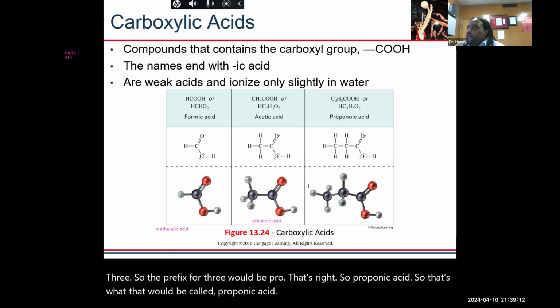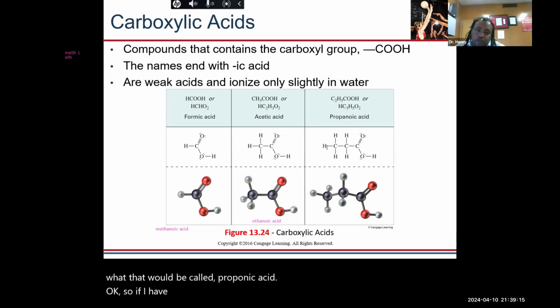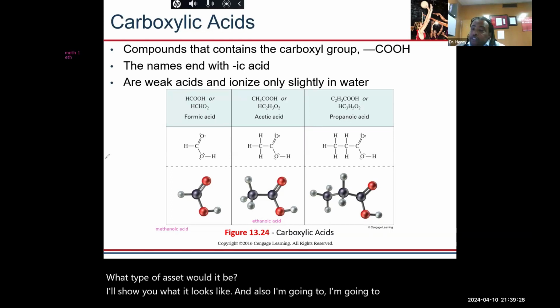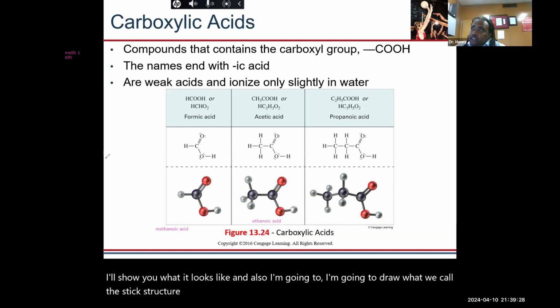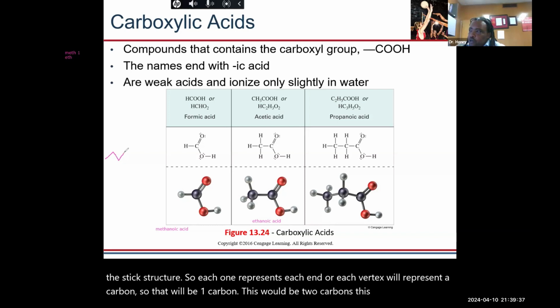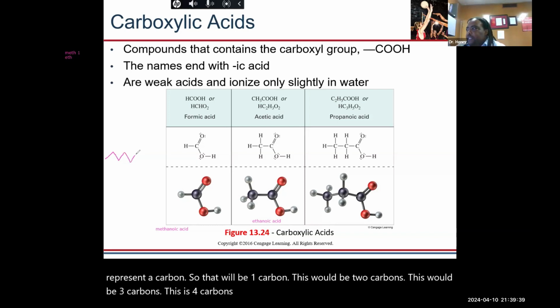So if I have eight carbons here, what type of acid would it be? I'll show you what it looks like. I'm also going to draw what we call the stick structure. Each end, or each vertex, represents a carbon. So that would be one carbon, this would be two, three, four, five, six, seven, and eight carbons.